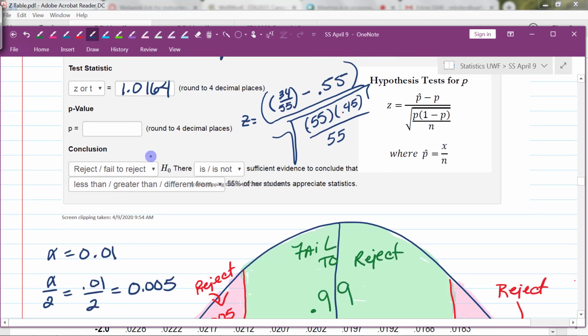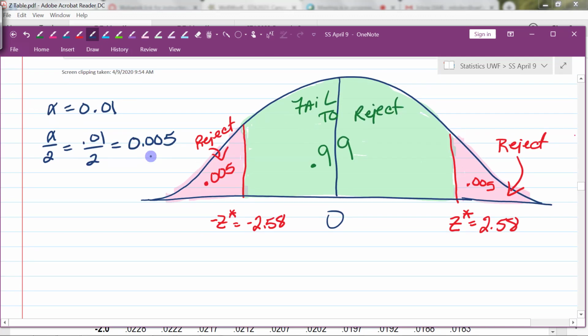We're just going to put 1.02 because that's to two significant places, just like our z-score. And you're going to see that we plot our z in here, our test statistic. So this is our test statistic. And this here is our critical value.